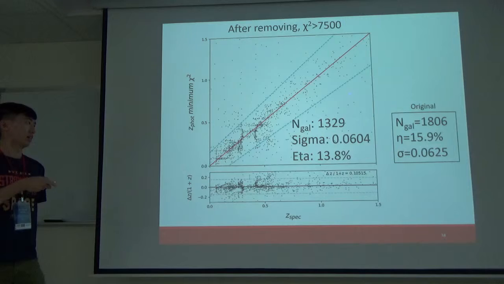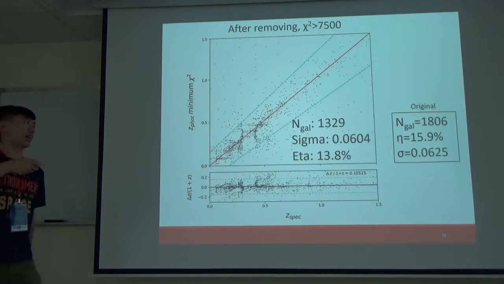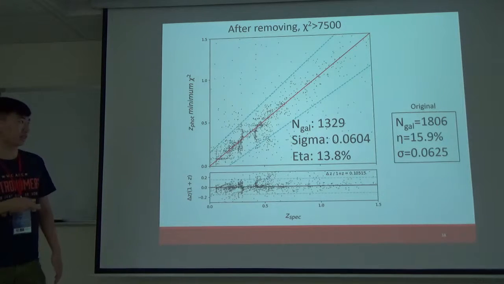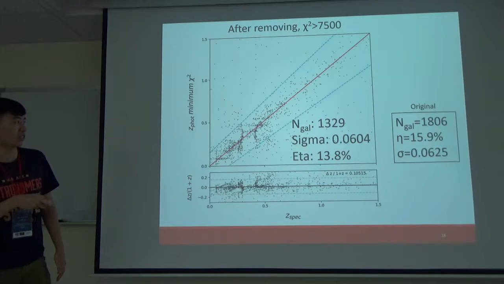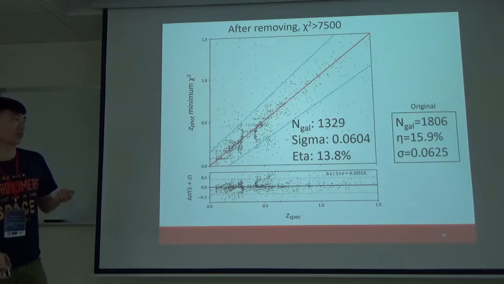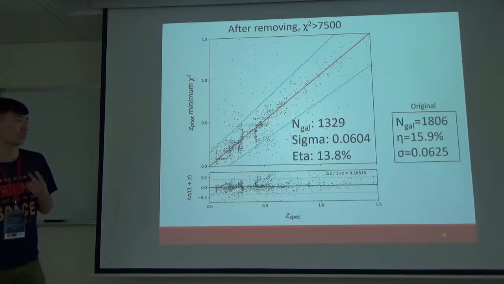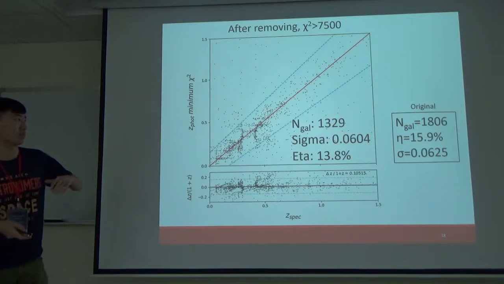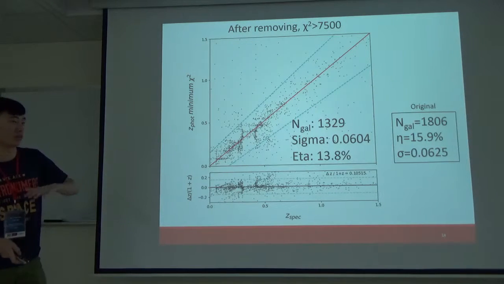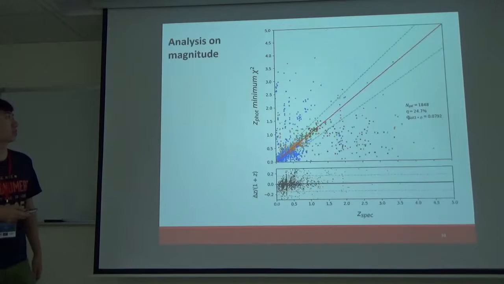Around 500 data are excluded. However, the result is similar. The sigma now becomes 0.06, so it's only 0.002 better, and the eta is only 2% better than the original one. Therefore, I decide to keep these 500 data instead of removing the bad chi-square values.